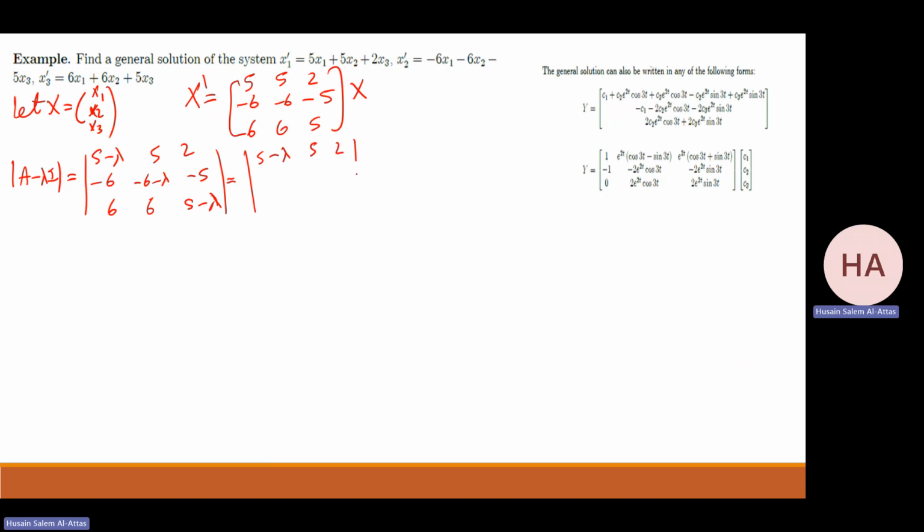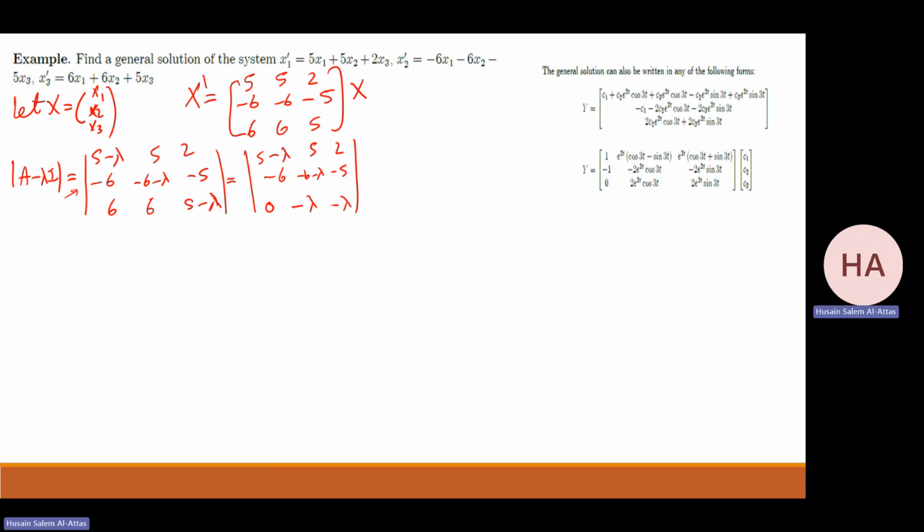I can do this trick. Multiply the second row by 1 and add it to this third row. So at least I have more zeros. 1 times minus 6, that will be 0. Then I add this. That's nice. Becomes minus lambda. And this is also minus lambda.